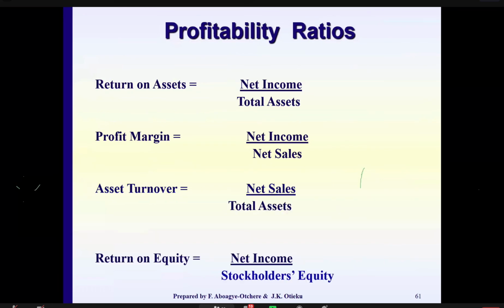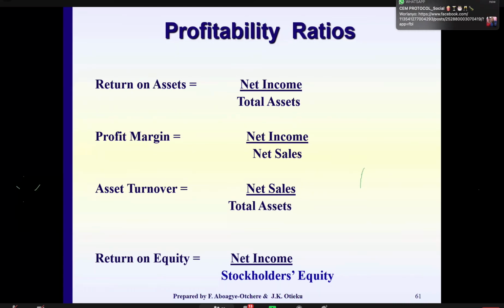Once you have those variables, the next step is to define them, because the variables may mean different measures. Once you have defined the variables, you can go ahead and compute the ratio. Once you compute the ratio, the next step is to interpret it. So it is important that you define your variables.